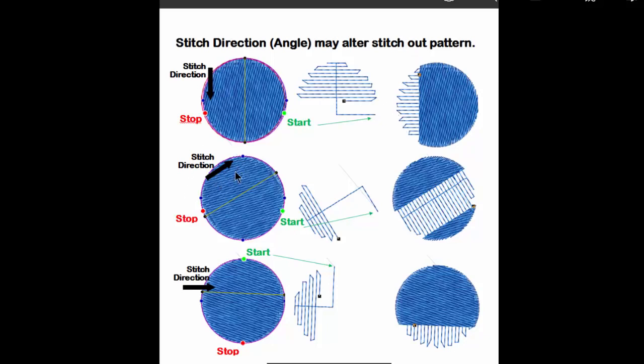If we change that angle, see how your yellow line here is vertical. If we take a look here, the yellow line has been rotated just a bit on the diagonal, so the stitch direction has been changed. See how that alters the stitch out of your circle.